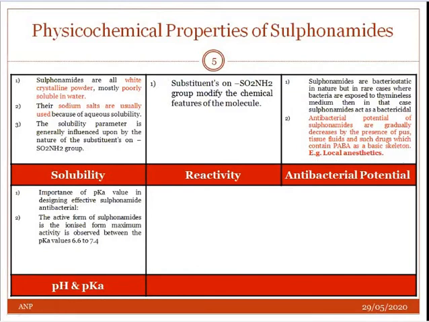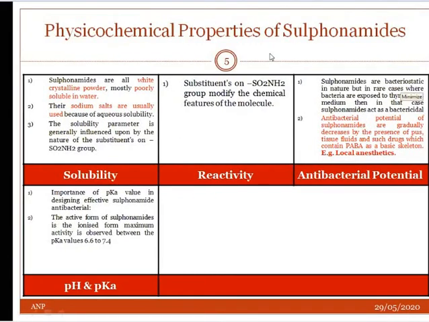Pus contains a large amount of PABA, para-aminobenzoic acid, as well as the local anesthetic or any drug which contains PABA. In the presence of those drugs or in the presence of pus, the antibacterial potency of the sulfonamides will decrease.